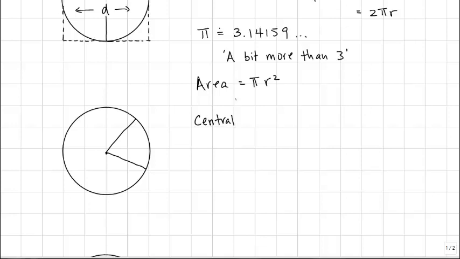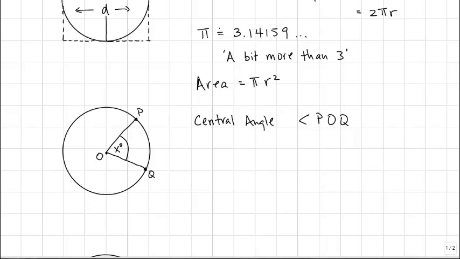It has as its vertex the center, which is usually symbolized with an O, and let's label the 2 points on the circle as P and Q. So we've got an angle POQ, which is a central angle. And let's say that it has a specific measurement. We'll just call it x degrees in this case.